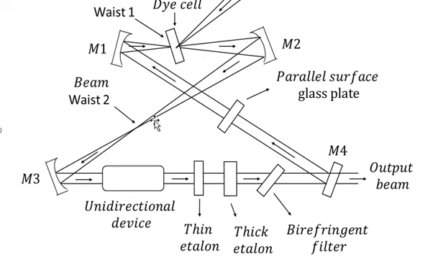And then the unidirectional device, thin etalon, thick etalon, birefringent filter, etc. provide you a means of choosing at least one longitudinal mode, and then the output beam will be a laser beam with only one longitudinal mode. So you have one longitudinal mode at the output, and at the same time you have a much longer laser cavity in the form of a folded ring resonator.